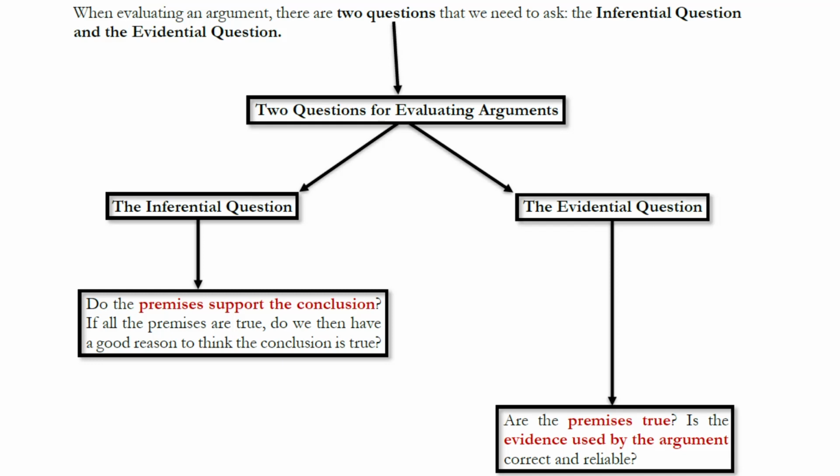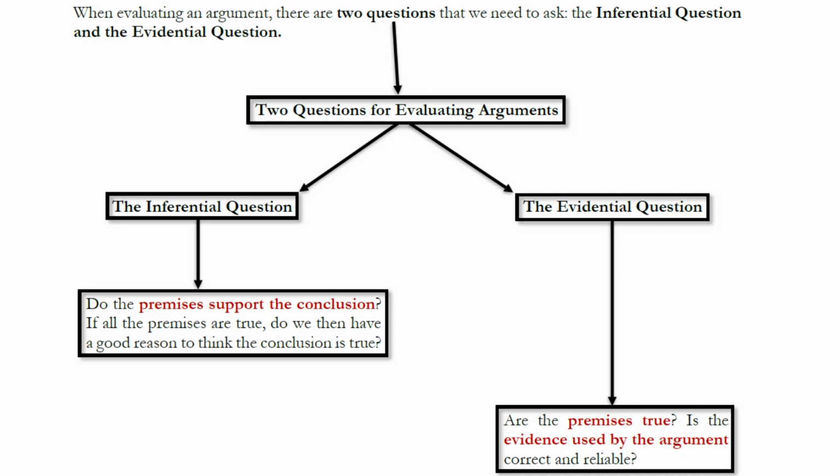Again, we are not asking whether the premises really are true. We are simply asking whether those premises, as stated, provide sufficient support for the conclusion that the argument is attempting to draw. Is the argument making a good inference or a faulty inference?